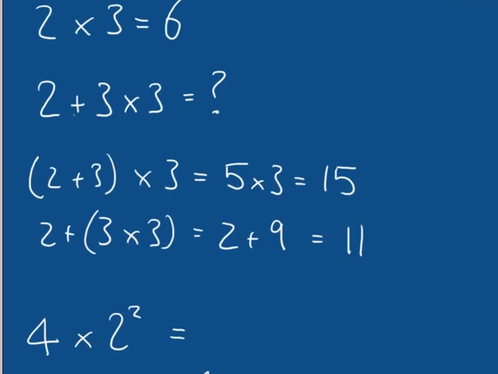So if we're evaluating our multiplication first and then the addition, that shows us that the correct way to work this out was our second method, where we took 3 times 3 to give us 9, we added 2 and 9 together to give us 11. So the correct result of 2 plus 3 times 3 is 11, not 15. So this is wrong.